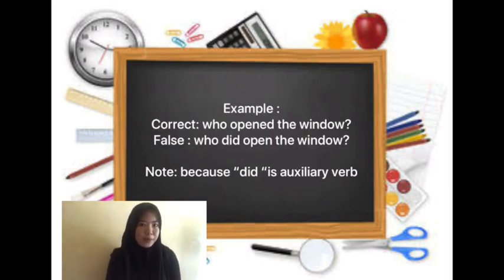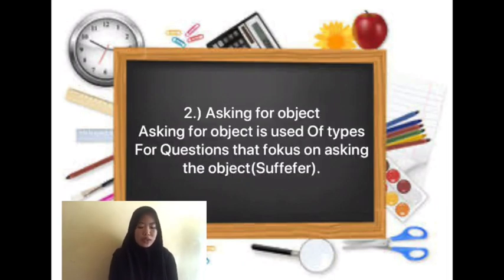For example of asking for subject: who opened the window, and who did open the window. The correct sentence is who opened the window, and the false sentence is who did open the window, because did is an auxiliary verb.